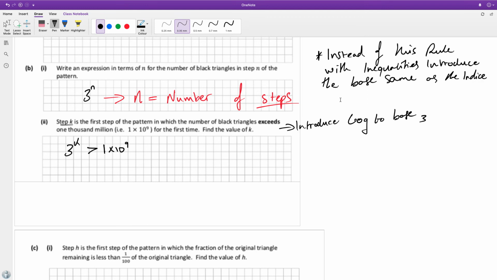What I mean by that is, i.e., for 4 to the power n, say log to the base 4 of 4 to the power n. So we can say now that the log of 3 to the power k to the base 3 is the same as the log of 1 multiplied by 10 to the power 9 to the base 3.